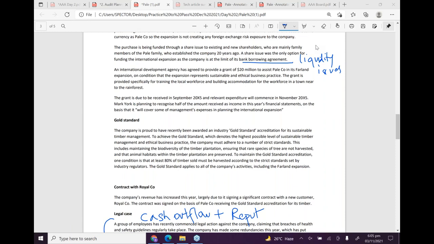Yolanda, very well done. Very well worded. So lots of indications that the gold standard might not be renewed. And remember, I've just gotten a major customer because of this gold standard as well. So the loss of this standard is going to have very serious consequences.